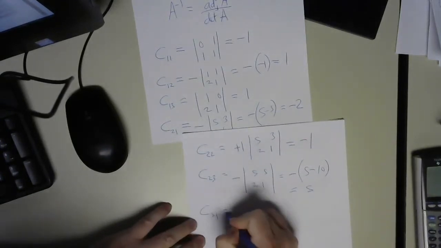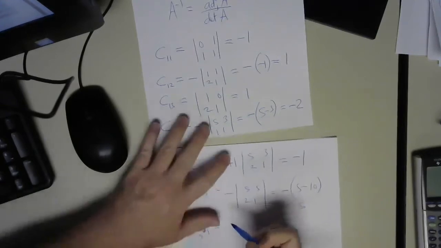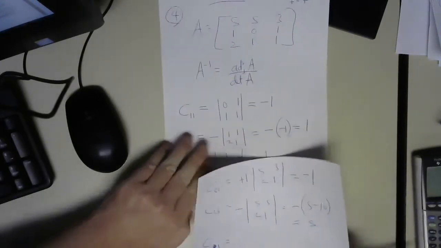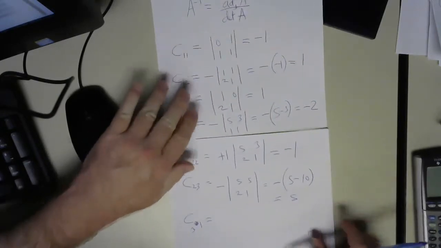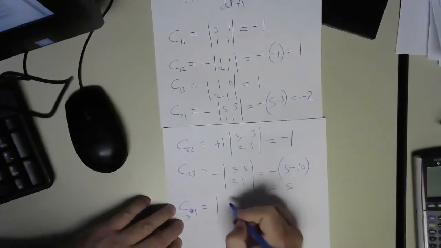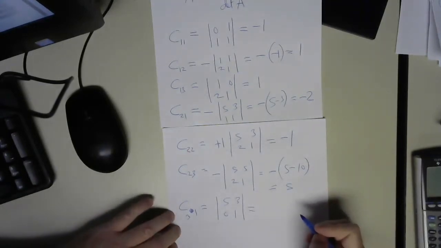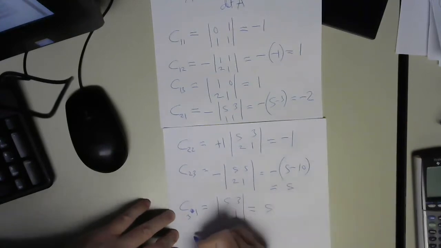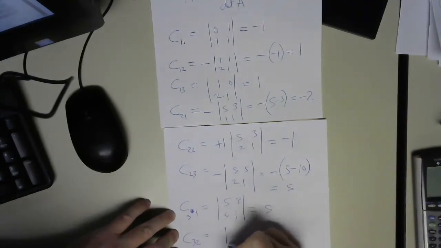Now, let's go on to the third row. So the sign convention is plus, minus, plus. So the first one is just going to give me plus the determinant, 5, 3, 1, 0, 1. And that's just 5, 3, 2.